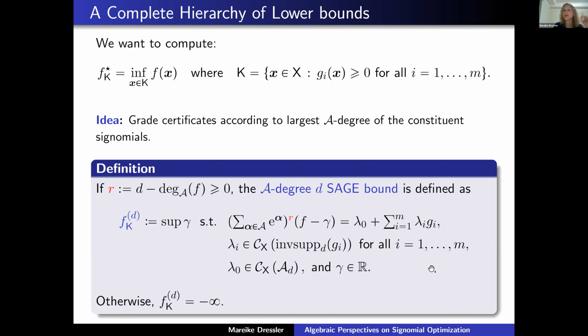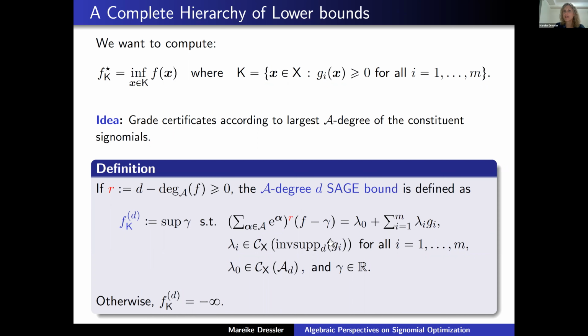Namely, we call it the A degree D SAGE bound, and we name it f_KD. And this is just the largest real number gamma such that we have this decomposition that is given to us from the Positivstellensatz.